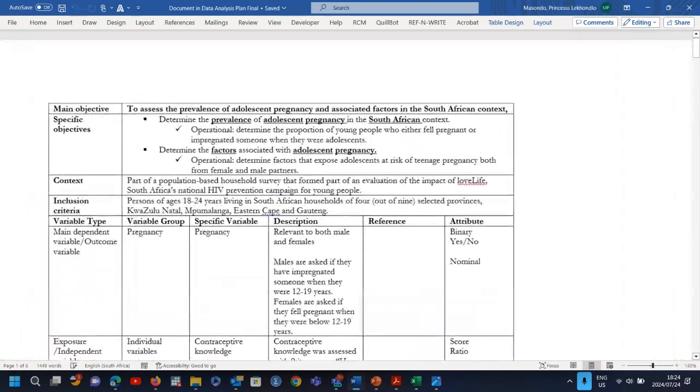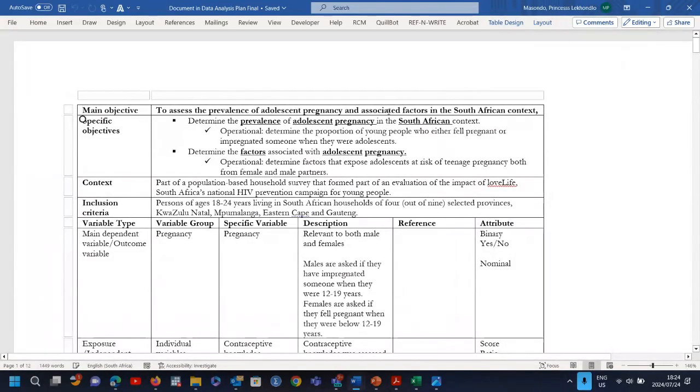This is a Word document. You can see I started with the main objective, and then put the specific objectives which I've shown you. Then I added this context here to capture that this was part of a population-based household survey.